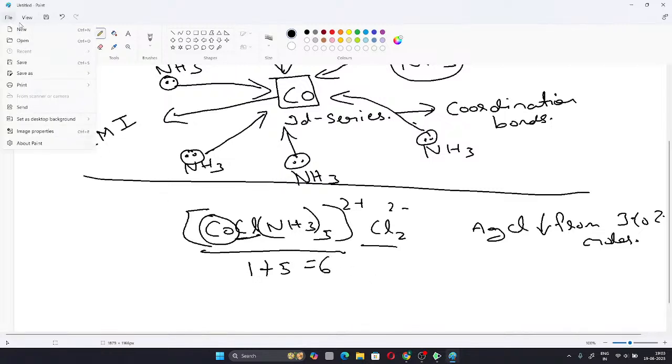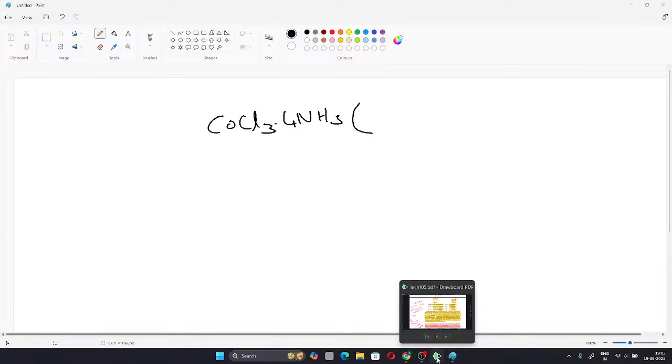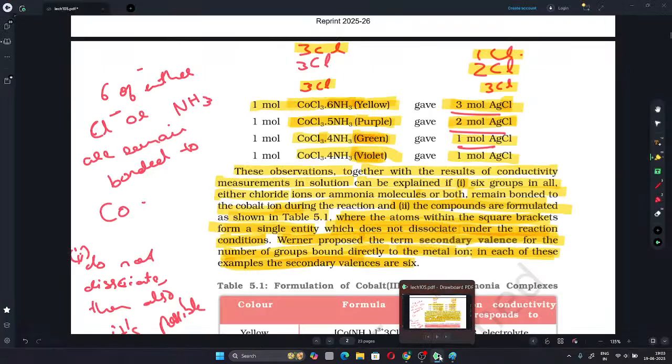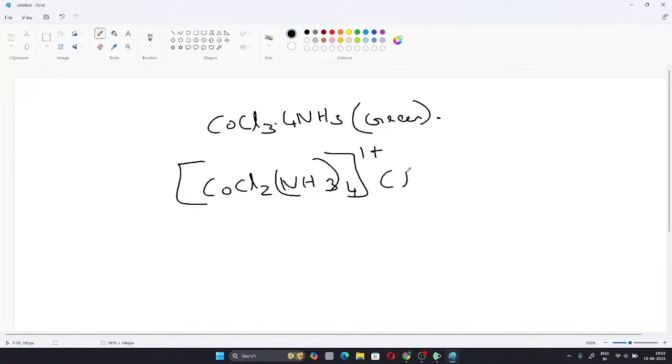And in one more case, where we took CoCl3, 4NH3, in this case the solution was green in color. In this case, the CoCl3, 4NH3, formed a complex of [CoCl2(NH3)4]. This was inside with a charge of 1 plus and Cl minus.